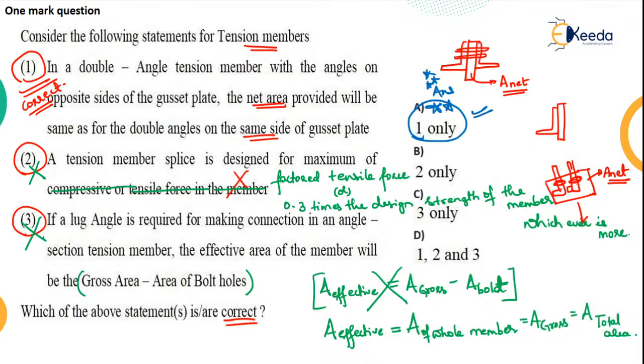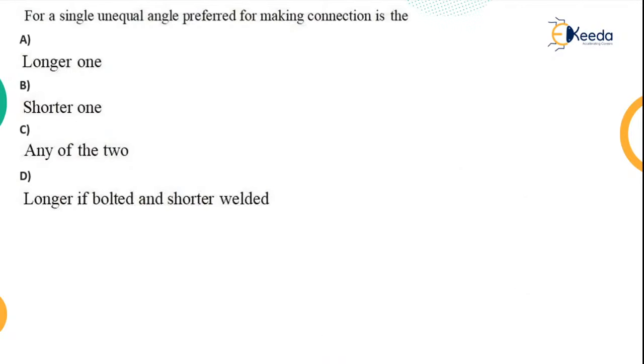So you should know the standards. Only when you know the standards, you will be able to answer such types of questions. Moving on to the second question. It says, for a single unequal angle, the preferred side for making connection is the... Suppose you have a single unequal angle, where one side is long and one side is short.